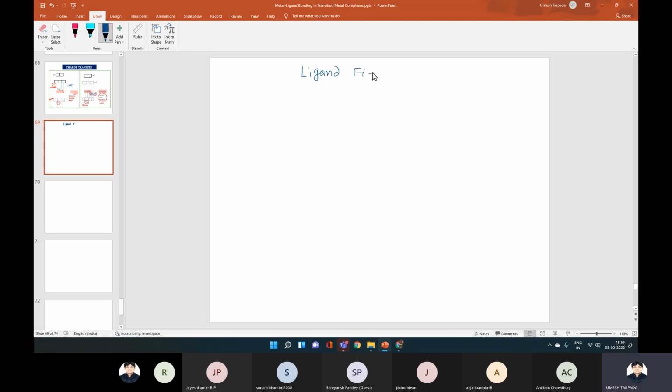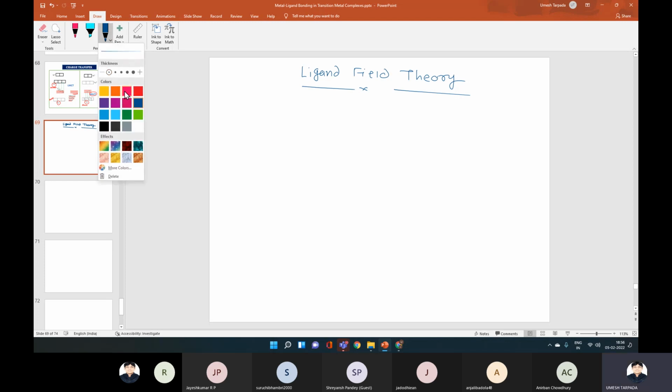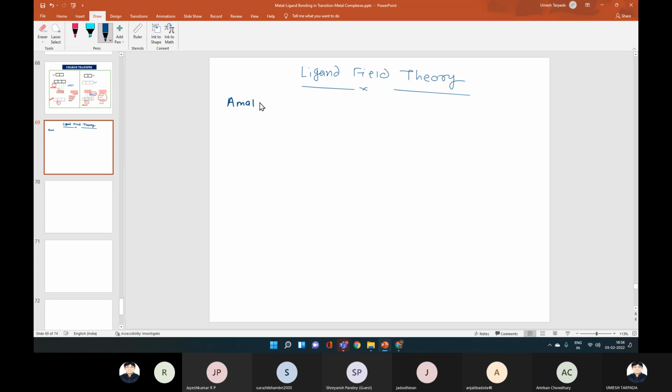Ligand field theory is basically, on which parameter is it based? This theory is nothing but the amalgamation of both CFT and MOT.